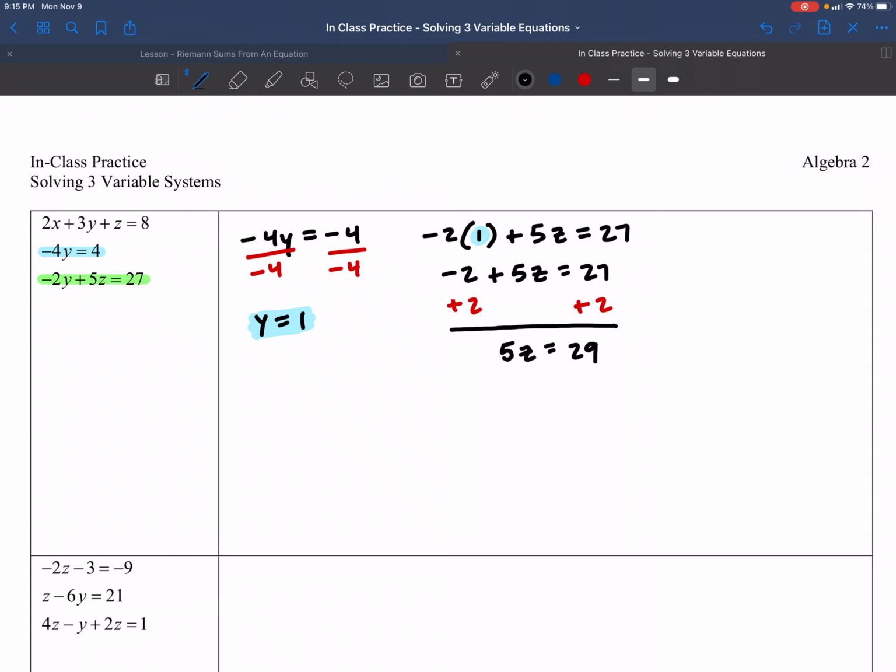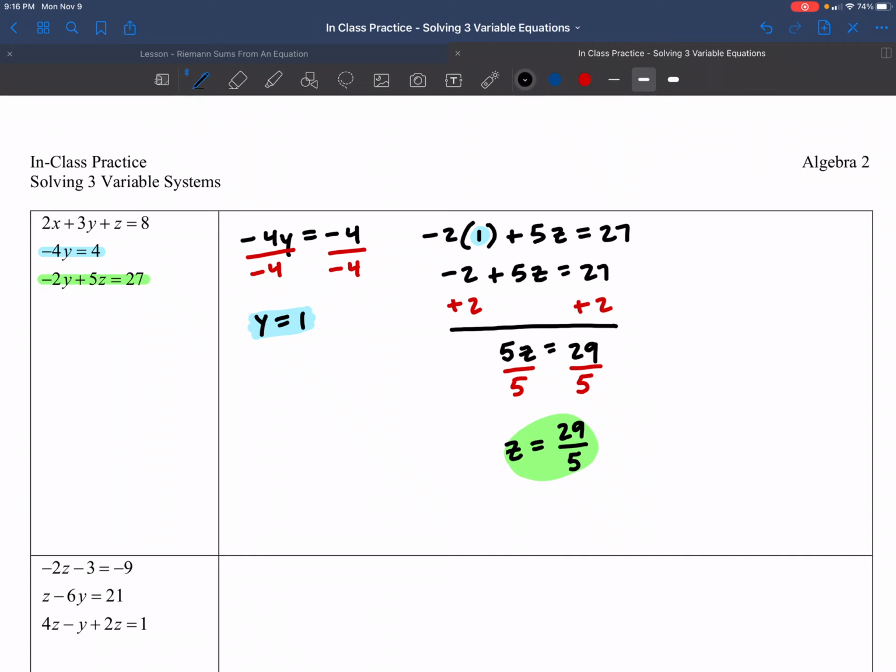Now I'm going to divide both sides by 5, and we get z is equal to 29 over 5. So there is my second solution. Here's solution number 2.